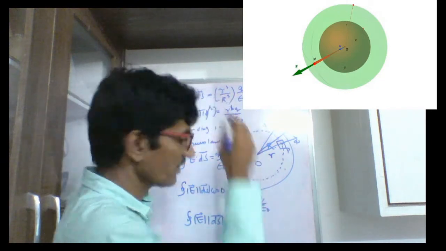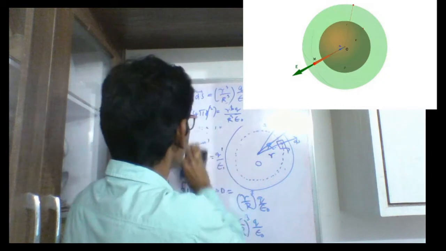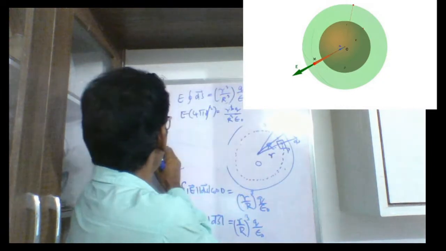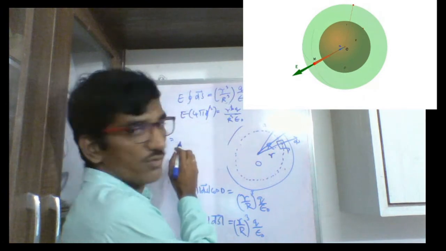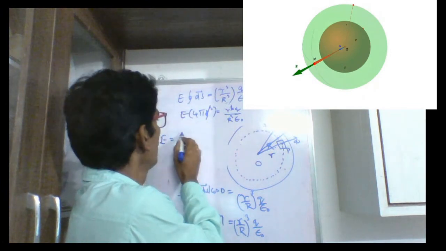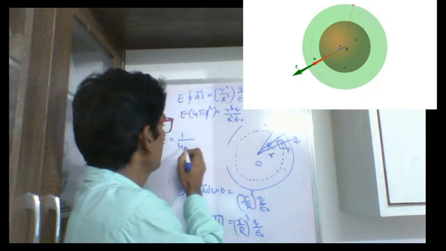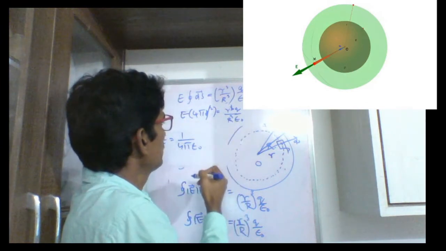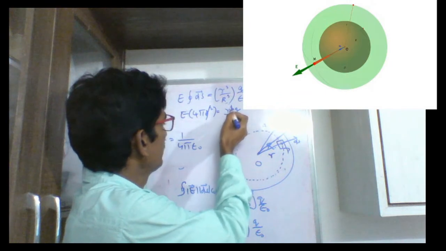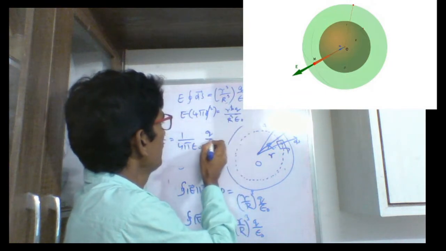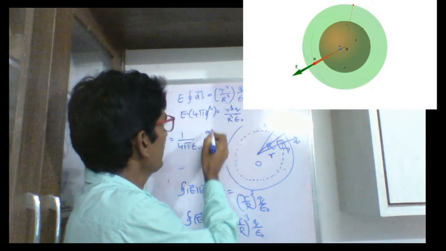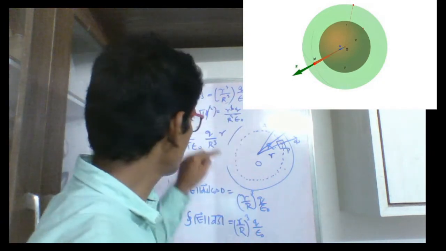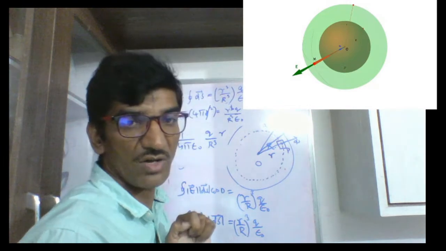So what will be the formula for your field intensity? Therefore E is equal to, how much are you getting here? 1 by, take 4 pi to this side, it goes into the denominator, epsilon naught is there. Next q is there, R cube is there. You are left with one more r here. This entire thing is constant except the small r.